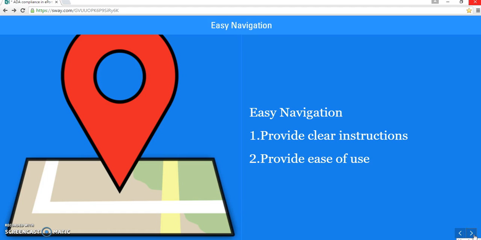It's important that people coming to your site or content are not frustrated, so that they would want to come back. So it's important that you provide easy navigation, so that people are able to access the material, and if they need, they can come back to it because it was easy to access. That's also another good way to provide your content more widely.